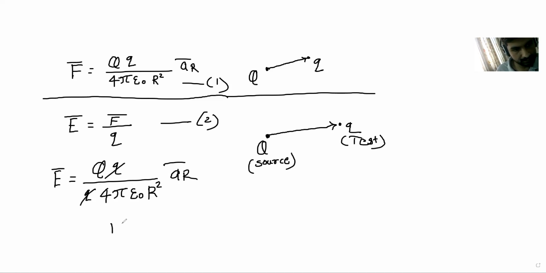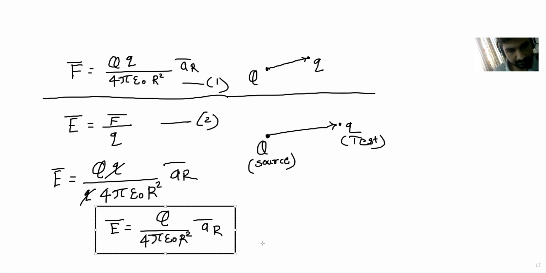What remains is E bar equals Q upon 4 pi epsilon naught R square A bar R. This is a very important mathematical expression for electric field intensity. The unit of electric field intensity is volts per meter. Is that clear?